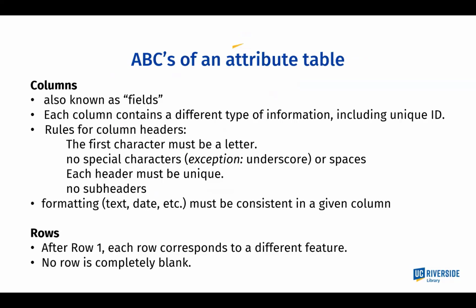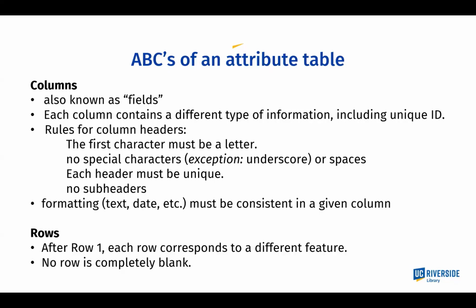Let's talk a little bit about what an attribute table has to look like, because it has very specific needs. And this is going to play into how we prepare our data for including it in the attribute table. So each column in the table is also known as a field. And each column contains a different type of information about that feature, including one column that's somehow giving a unique ID for that feature.